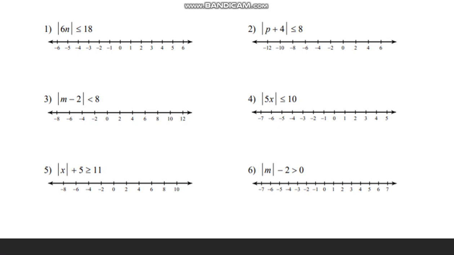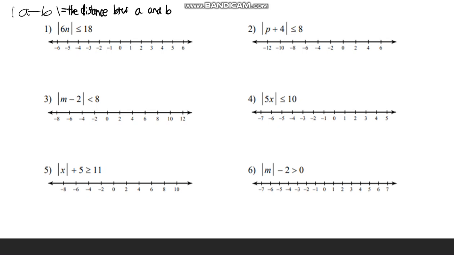You need to remember that absolute values are distance. So, for example, if you have something like a minus b, it means the distance between a and b.